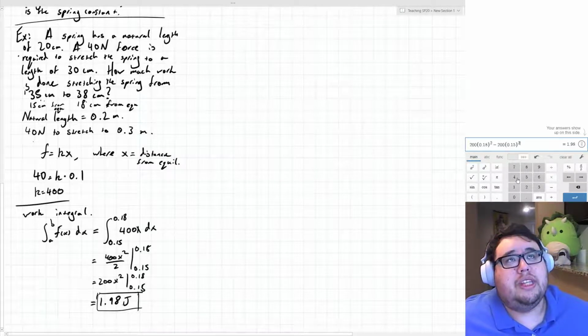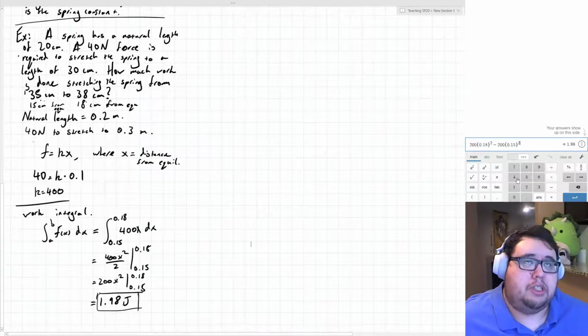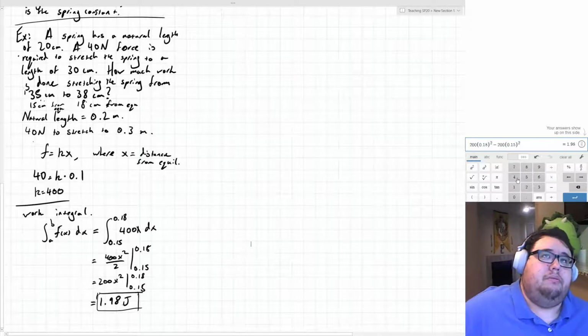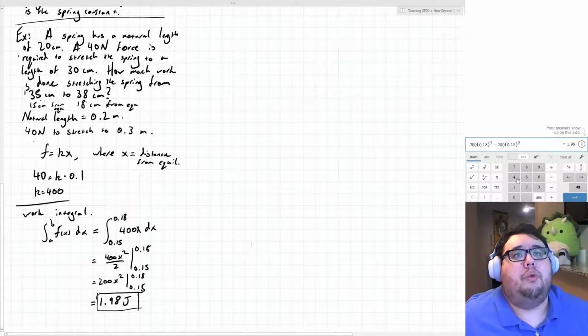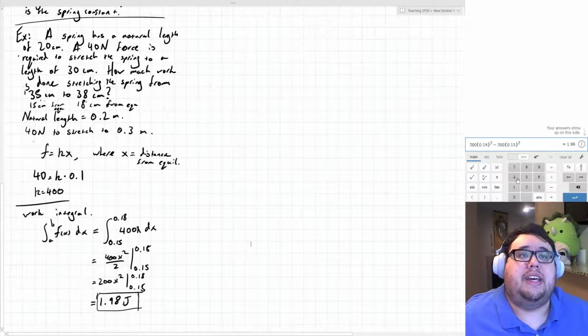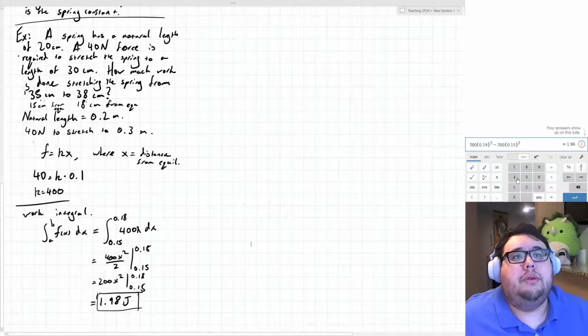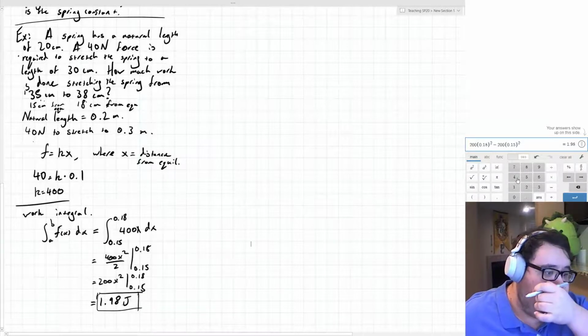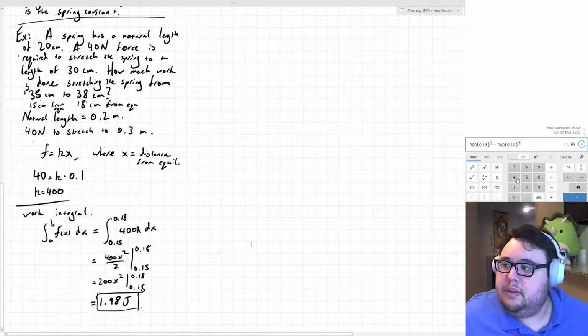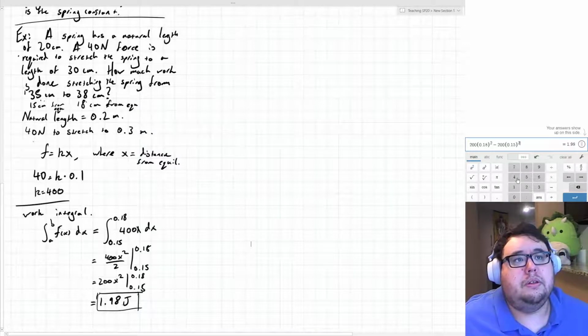We're going to use that example of how much force it takes to stretch it to blank distance to solve for what the spring constant is, what k is. And then we just set up k in the integral to solve the actual answer, asked question.